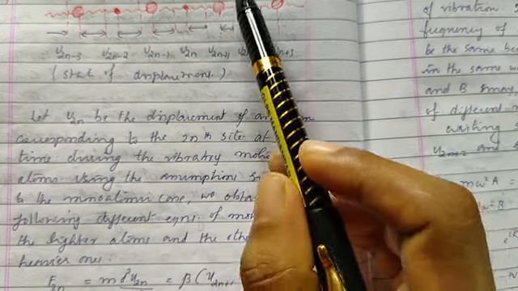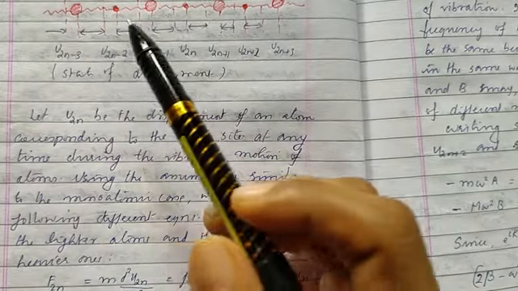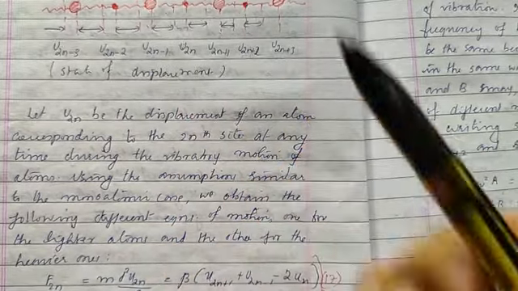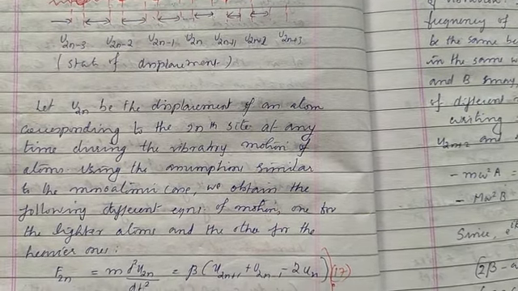The displacement for this atom is u2n plus 2, etc. Similarly on this side also. So these are the displacements corresponding to each atom.